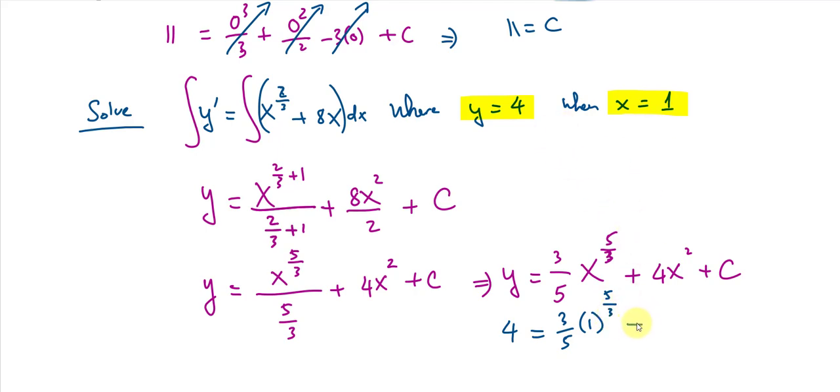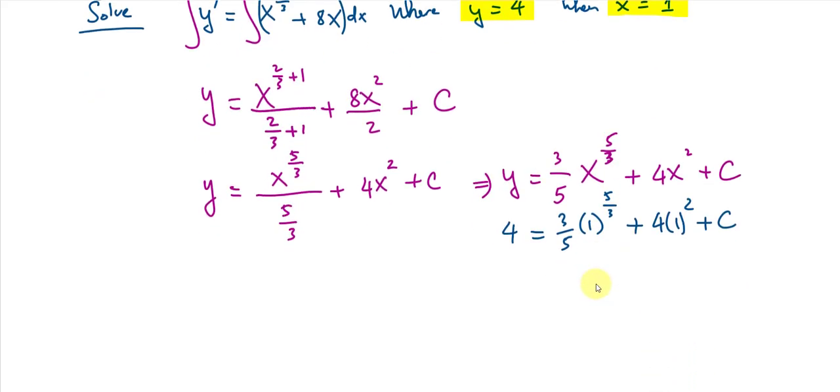And then again, where I see x, I plug in 1, and you see that 1 to the power of anything is 1, right? So you have 3 over 5 times 1, and then again 1 squared is 1, and multiplied by 1 is just the same thing.